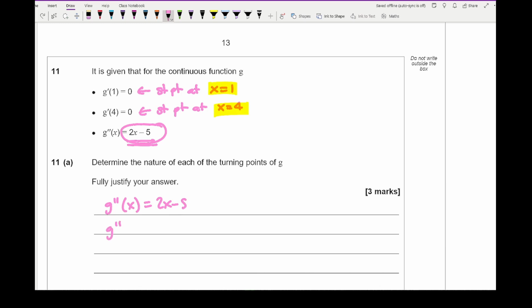If I substitute the first stationary point, at 1, we get minus 3. So therefore we've got a maximum point at x equals 1. And when I substitute x equals 4, I get positive 3. So therefore, it's a minimum point at x equals 4.